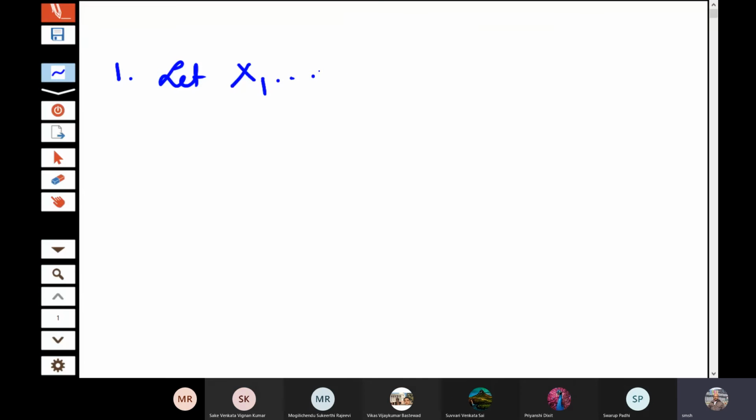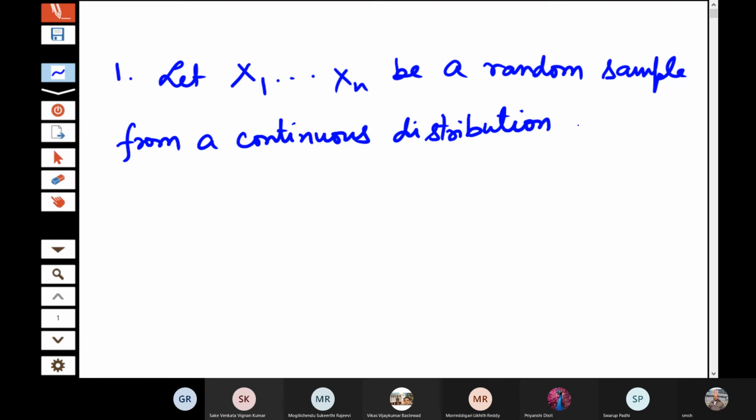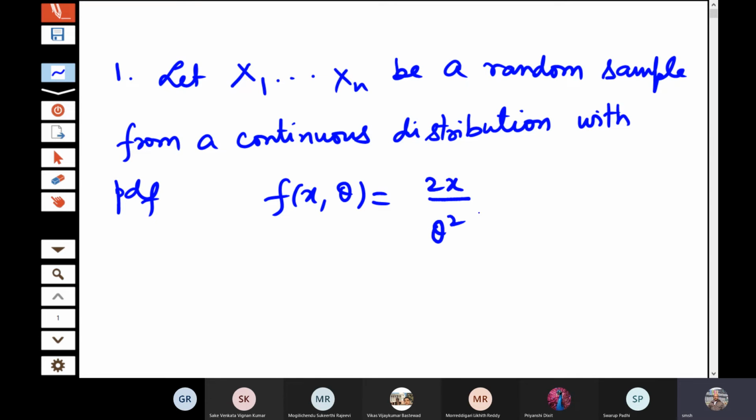So let X1, X2, ..., Xn be a random sample from a continuous distribution with PDF given by f(x; theta) = 2x/theta squared, where x lies between 0 and theta, and 0 otherwise.